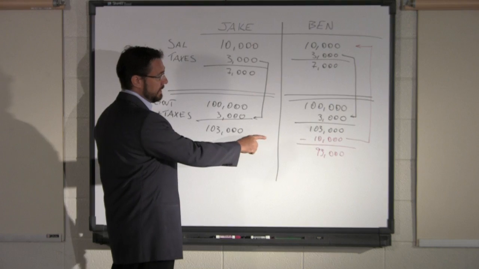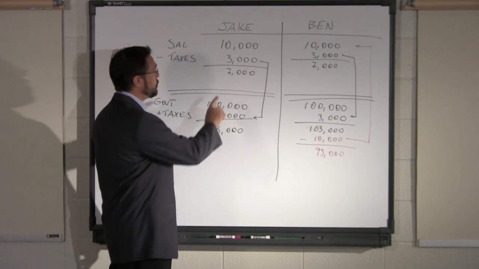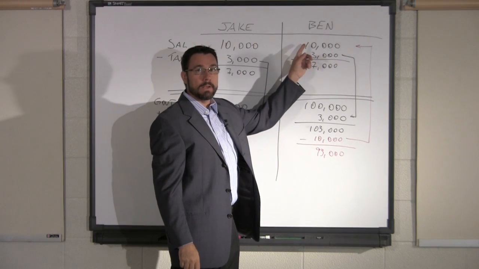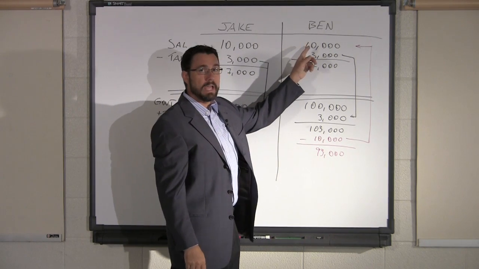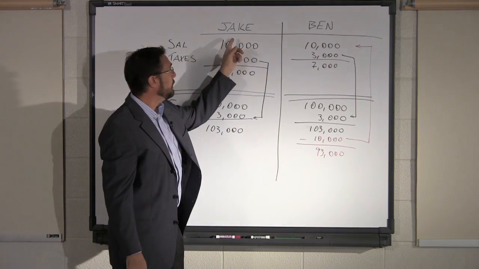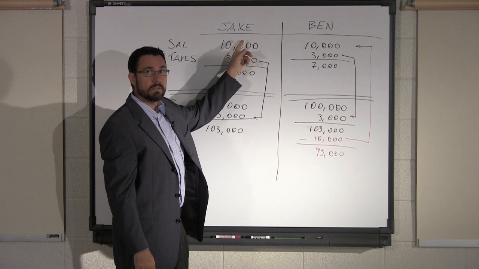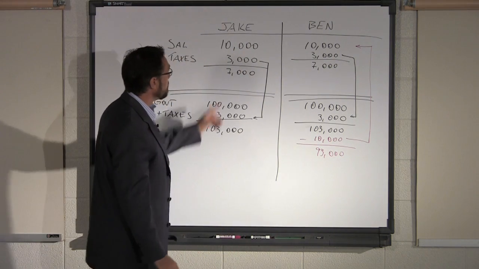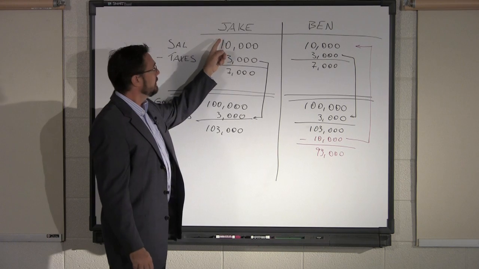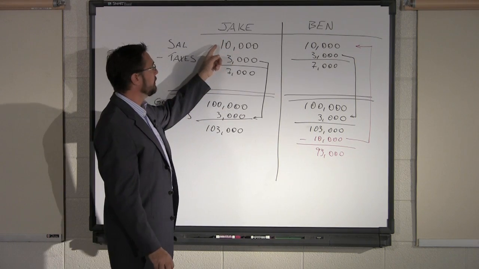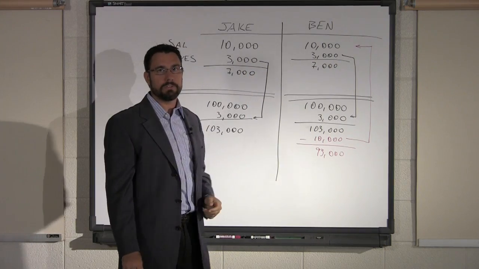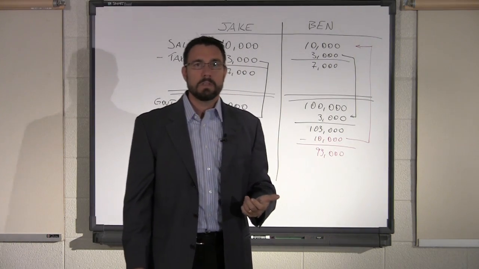Note that in this scenario, it takes 2.5 Jakes to support Ben. For every Ben out there, it takes 2.5 people producing something in the economy. This is the point. Jake is paying net taxes because he actually produced $10,000 worth of value or wealth in the economy.